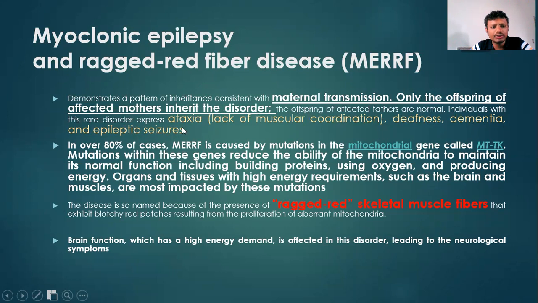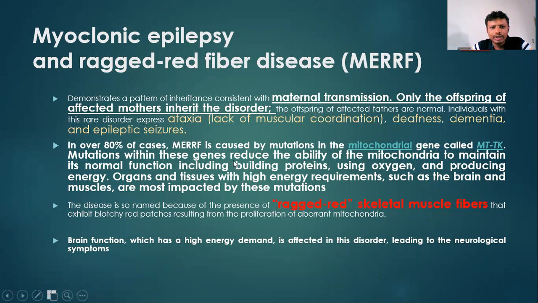Individuals with this rare disorder express ataxia, lack of muscular coordination, deafness, dementia, and epileptic seizures are very common in the individuals who inherit the disorder. 80% of the MERRF cases are caused by the mitochondrial gene called MTTK, which is connected with the mitochondria.